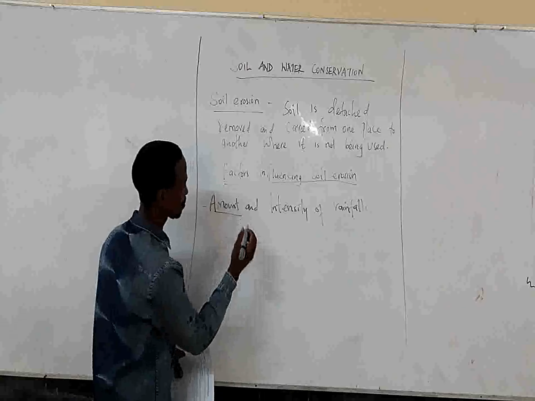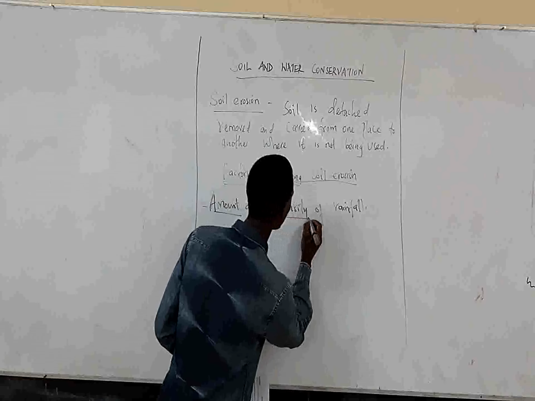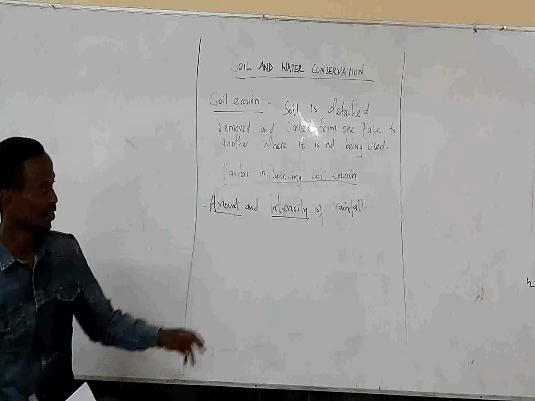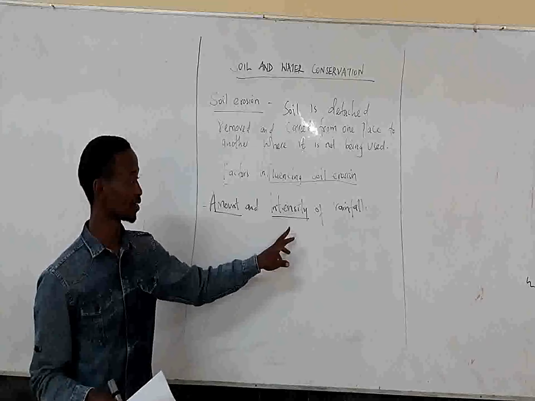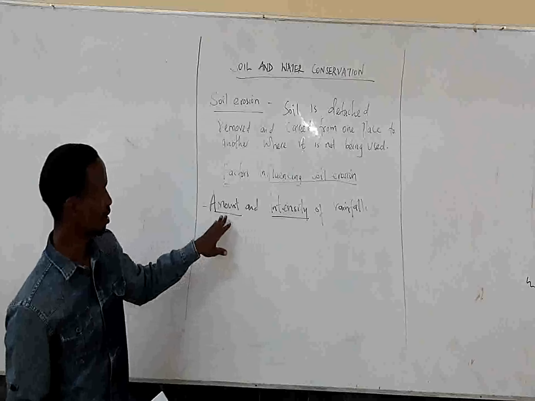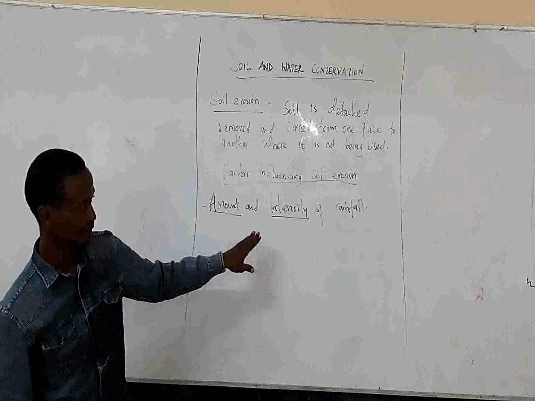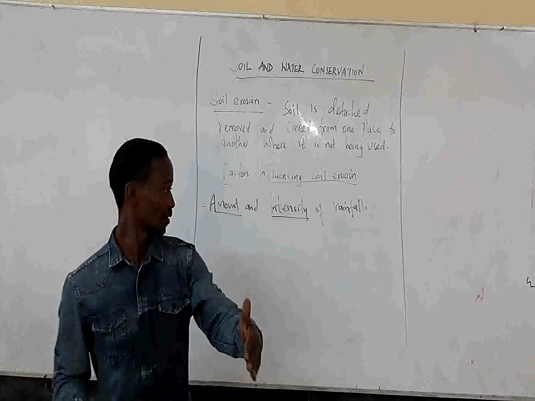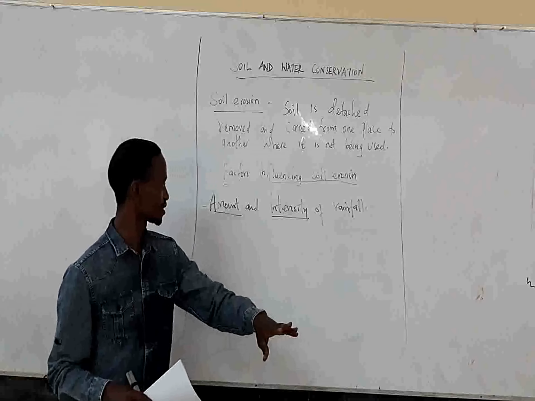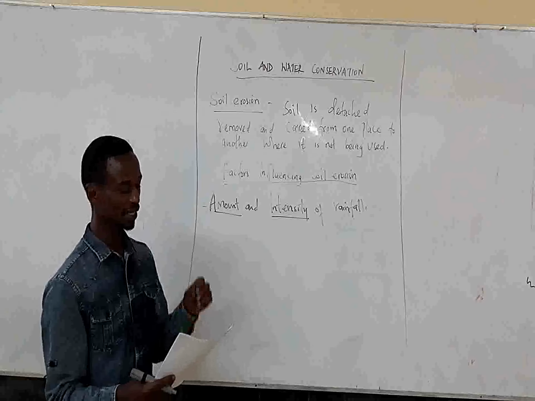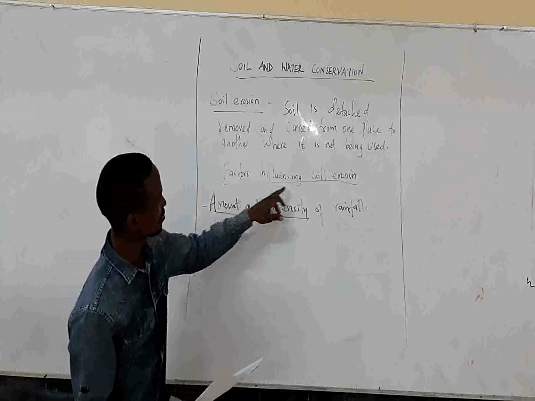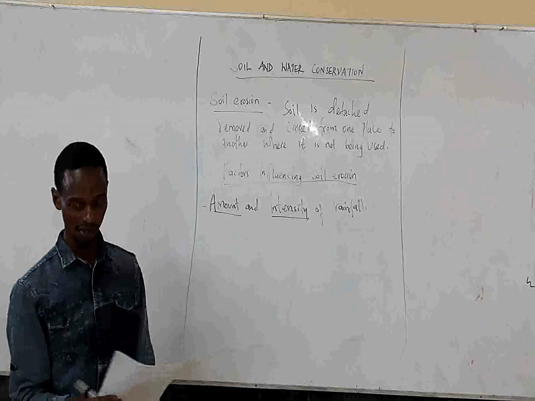The more the amount and the heavier the intensity of the rain, the more splash erosion you will have. With more water, the surface runoff takes place very fast, thus influencing the rate at which soil erosion is taking place.